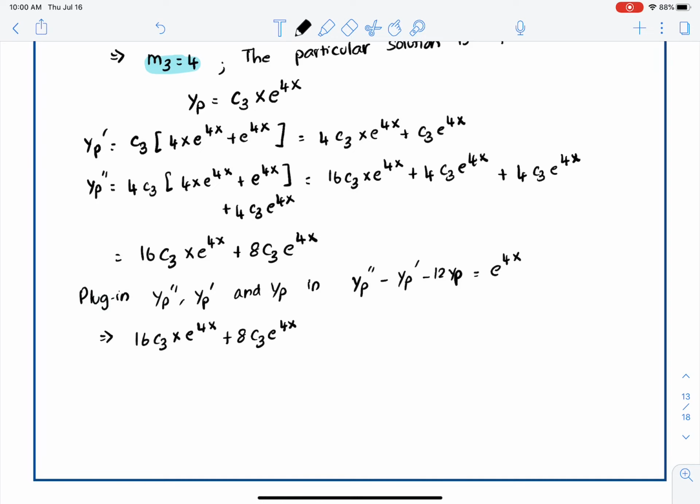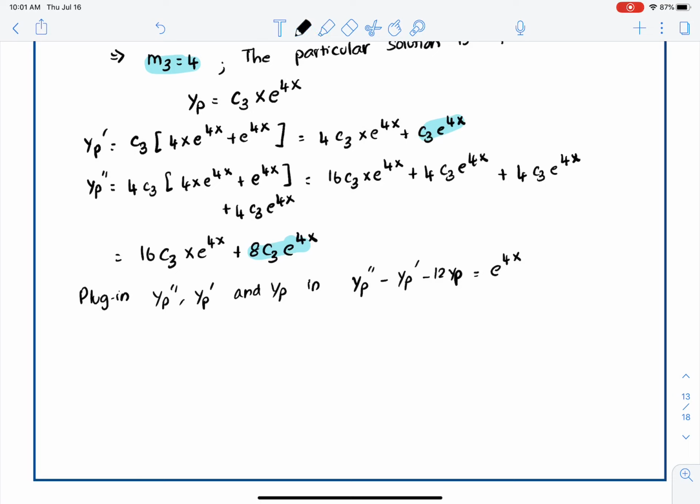Now, we don't want the x e raised 4x term because I don't see any x e raised 4x on the other side. So I'm going to keep things simple. I'm going to gather only the e raised 4x terms. So I'll take that from the second derivative. I'll take that from the first derivative and ignore the yp part because it has x e raised 4x.